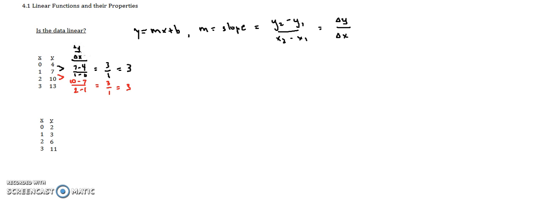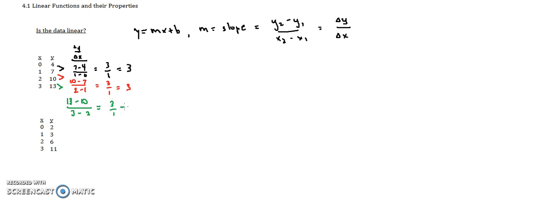So this is looking promising. I'm trying to find my slope each time. My slope for the first two matches, so this looks good. Alright, and then my last one I'm going to do in green, because I'm running out of space here. So I'm going to do 13 minus 10 and 3 minus 2. So I've got 13 minus 10 over 3 minus 2.